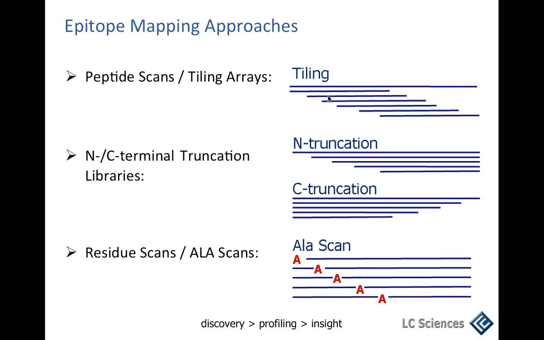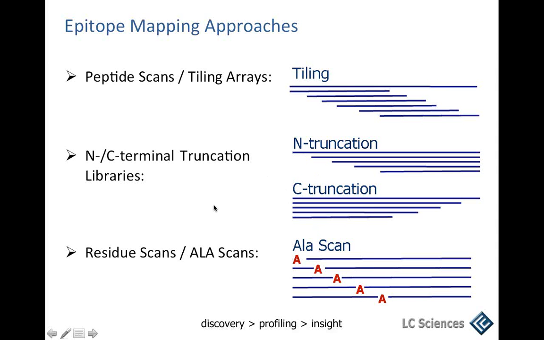Then another thing you might be interested in are truncation studies, from the N or C terminal end. Or once you've identified the epitope, or you're getting closer, then also alanine scans or any other type of mutational scans. And I will show you now some data for a case study that we did.